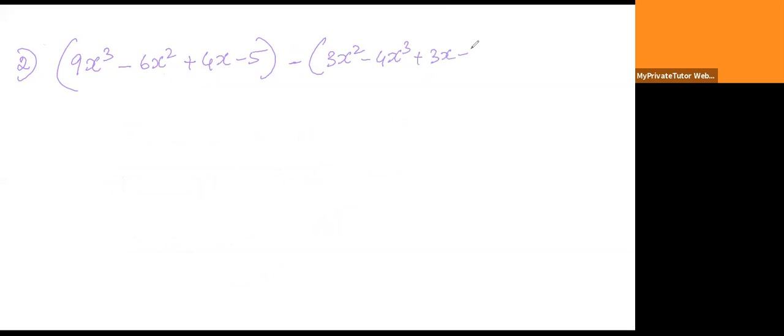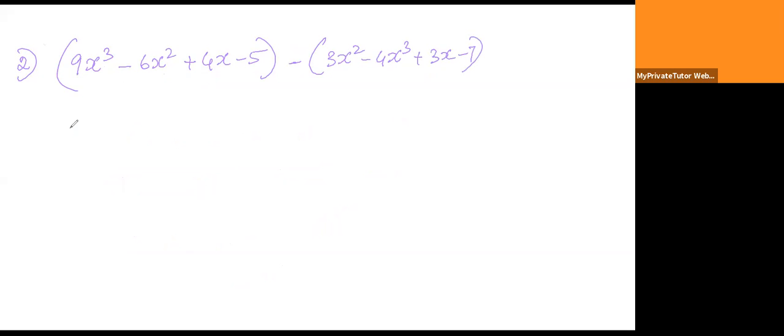Okay. So please subtract one question, guys. 9x cubed minus 6x square plus 4x plus 5 and minus 3x square minus 4x cubed plus 3x minus 7. Go ahead, guys.